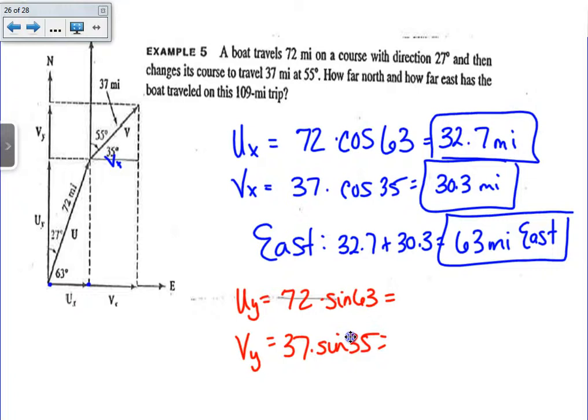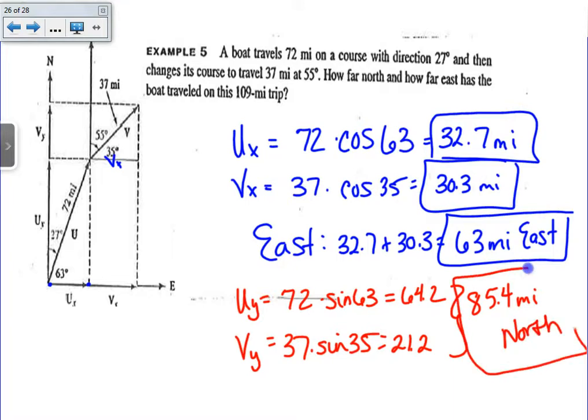Okay, first one looks like 64.2, and 21.2 for the other one. So my total vertical components, when I add those together, is 85.4 miles north. That was probably more fun than we wanted to have, but that's okay.